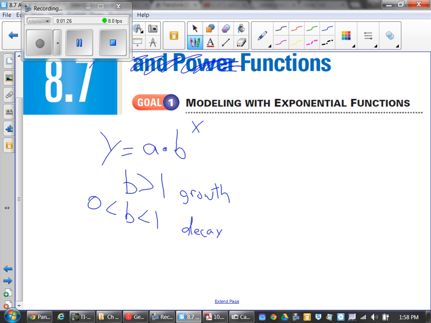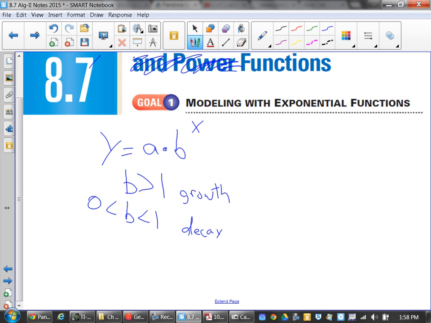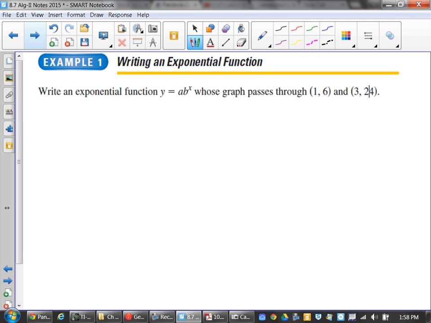So, when we did this a few years ago in this section, all we did was start out with an ordered pair set. If we know that this is an exponential function that goes through these 2 points, you basically are going to write the equation y equals ab to the x, knowing that one set of ordered pairs is (1, 6) and the other one is (3, 24).